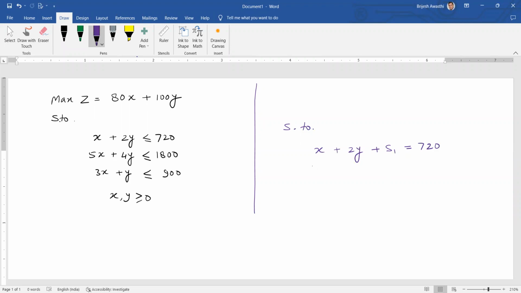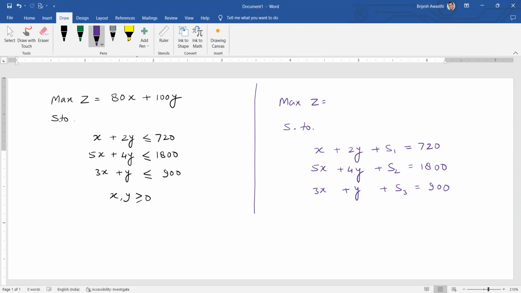And second, 5x plus 4y plus s2 is equal to 1800, and 3x plus y plus s3 is equal to 900, right?